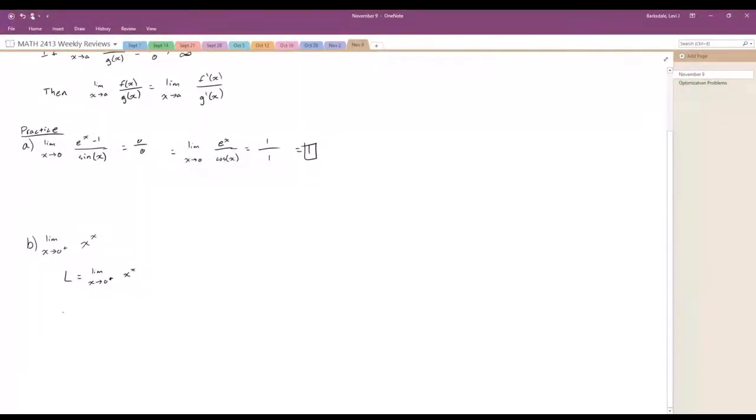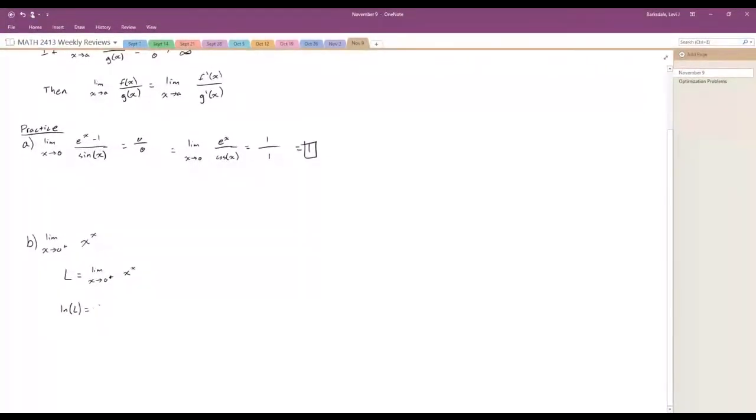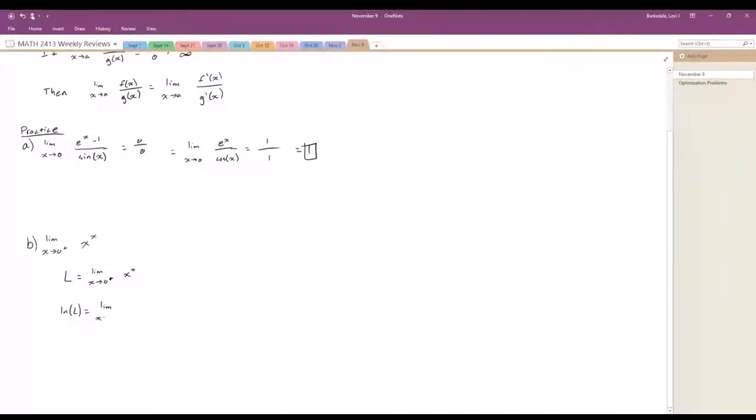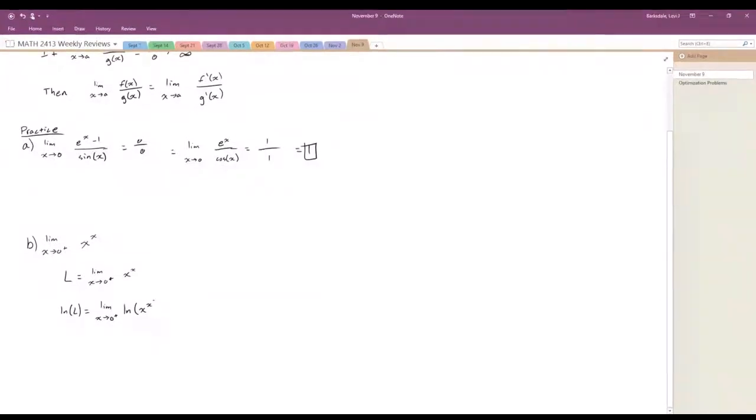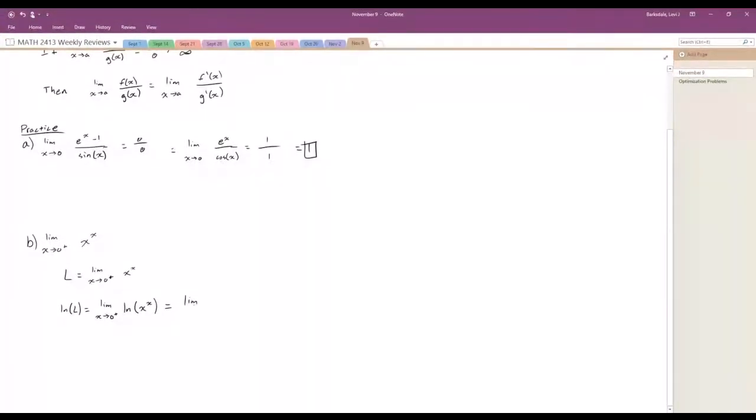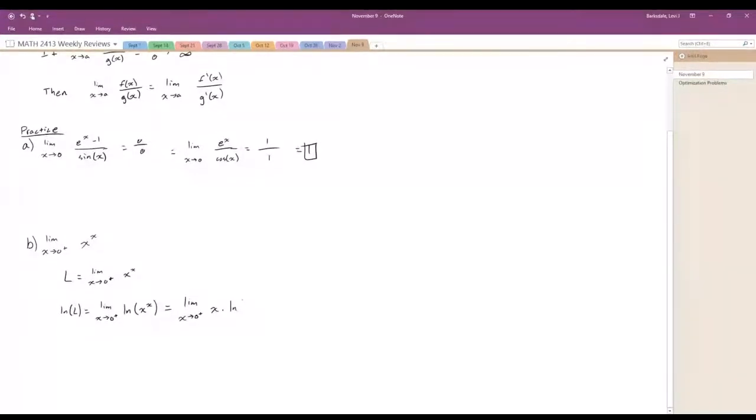Well, if we take the natural log of each side, this tells us that we now have the limit as x goes to 0 from the positive side, the natural log of x to the x, which is equal to the limit as x goes to 0 from the positive side of x times the natural log of x.